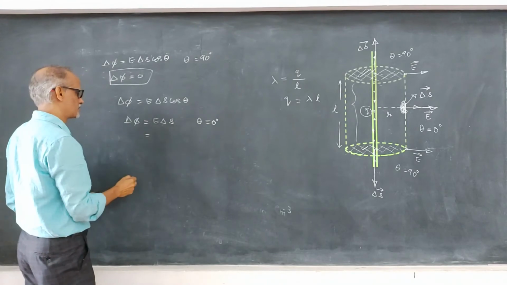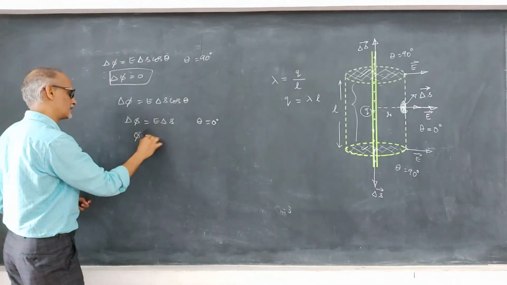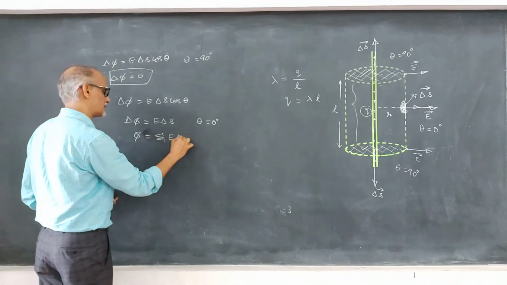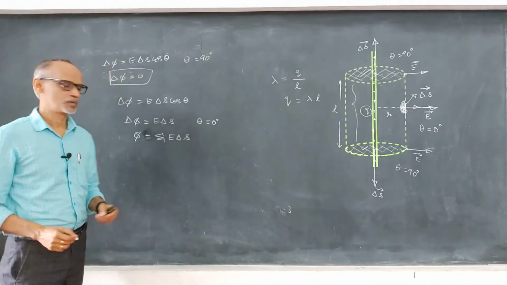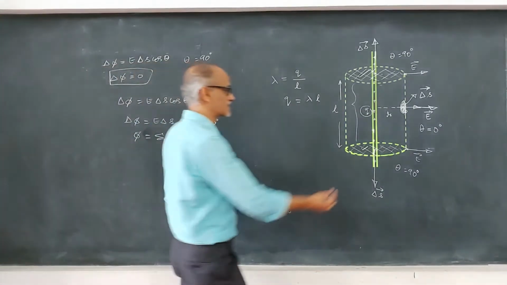Now this is the flux through only this small surface.